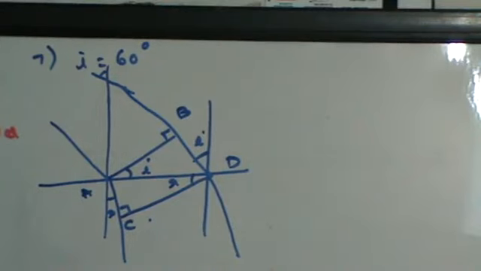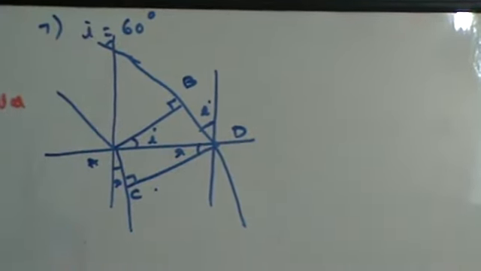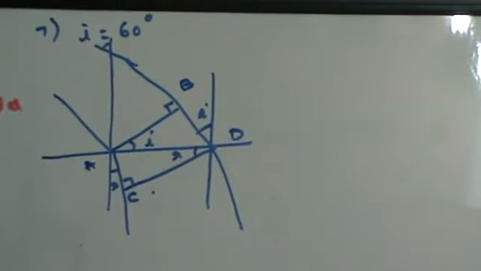Now once you have the diagram, let's try to find this out. I want to find out the ratio in triangle ABD.